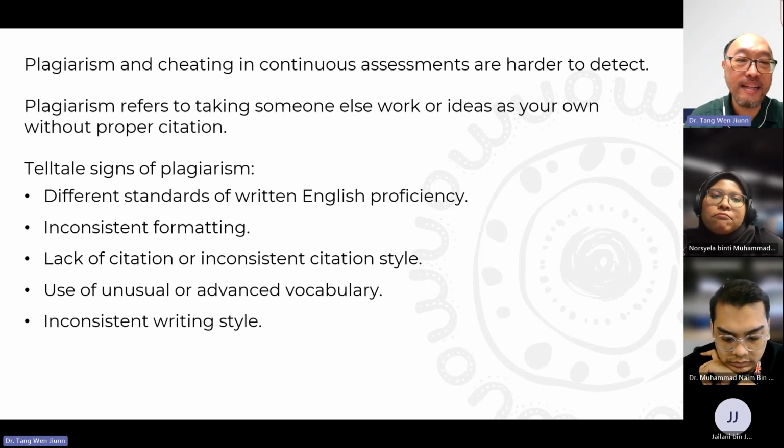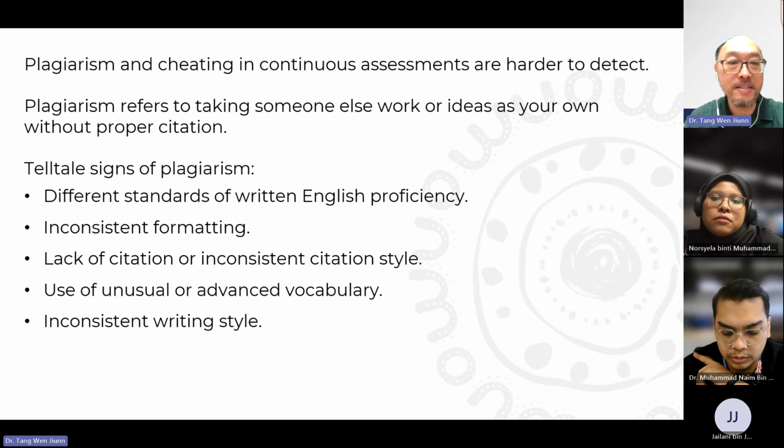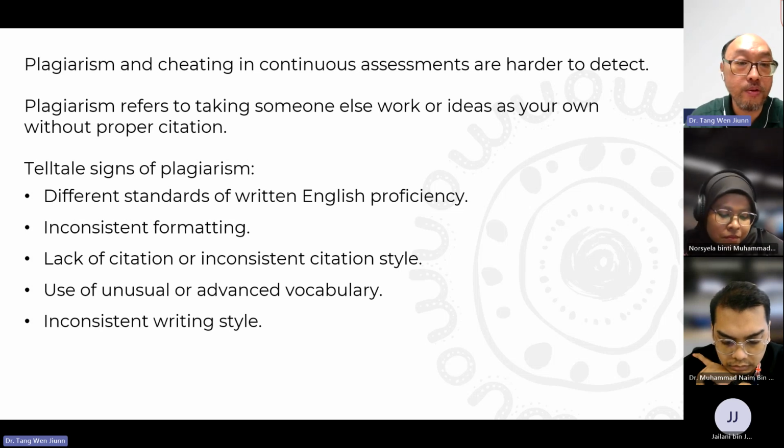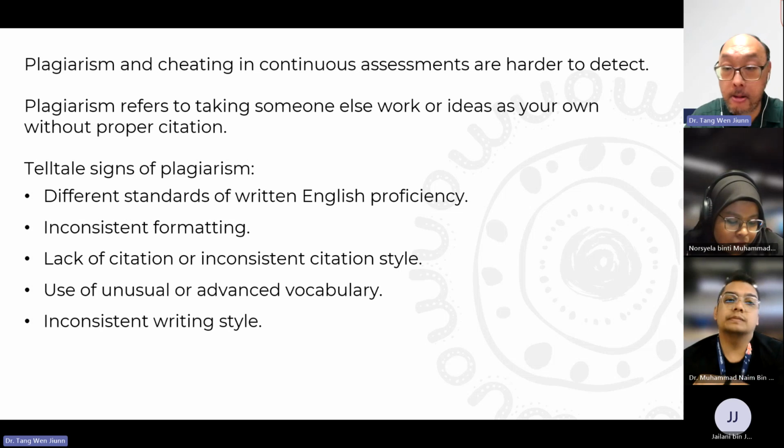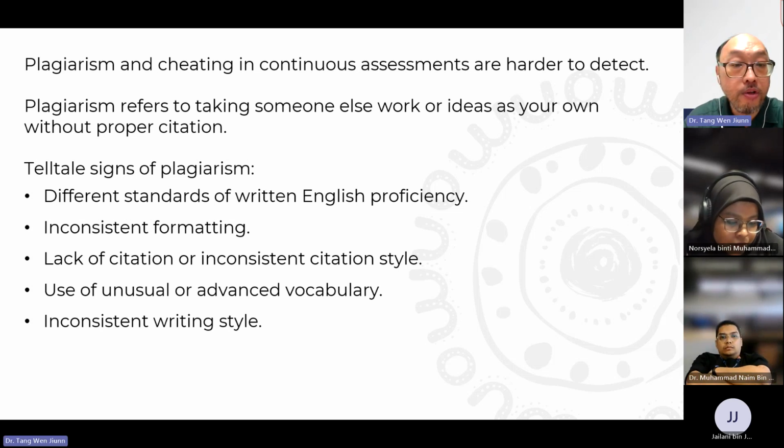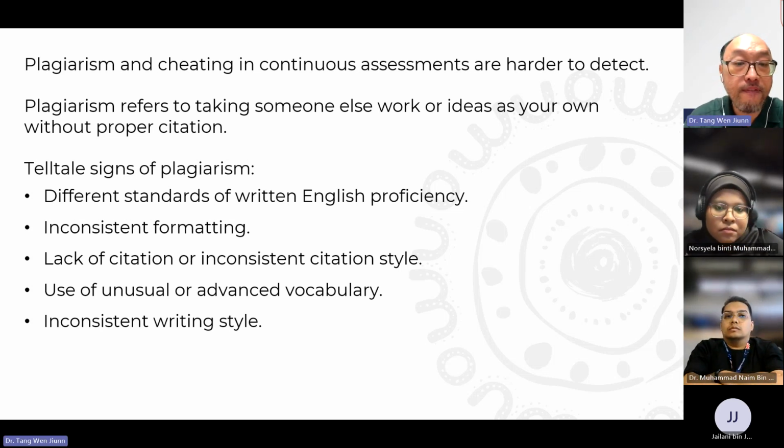Then of course the formatting. Inconsistent formatting means it will be copy and paste work, so that is also a sign for us to take note. And then lack of citation, or inconsistency in citation style, that is also a sign. Use of unusual or advanced vocabulary, I think this one is very common.